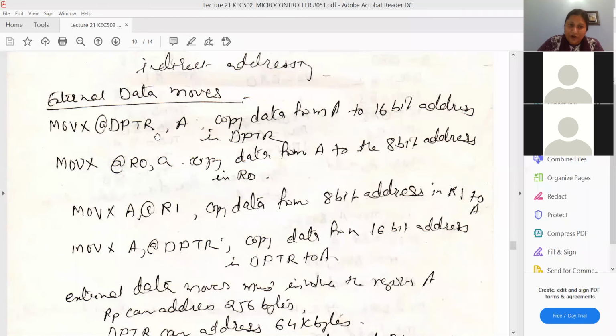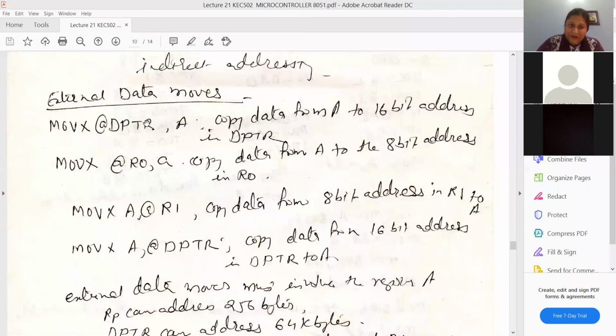And why are we not writing ADD over here? Because when I write ADD, it corresponds to an 8-bit address. If I am using a 16-bit address, then I have to point it out by dptr, because dptr is the only 16-bit register apart from the program counter in 8051.